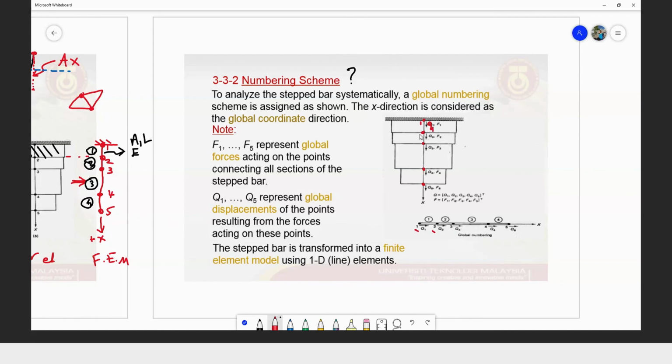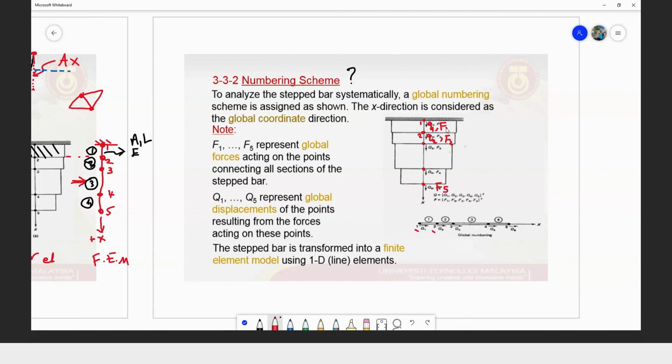At point number 2, we can label it as a q2 for the displacement. And then for the force as well, in fact, we can label F1, F2 until Fn, depend on how many number of nodes that we have. So let's say we have 5 nodes here. The biggest F we have F5. So this refers to the point load.